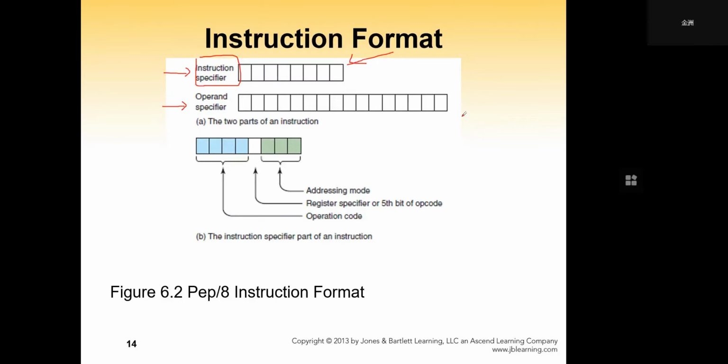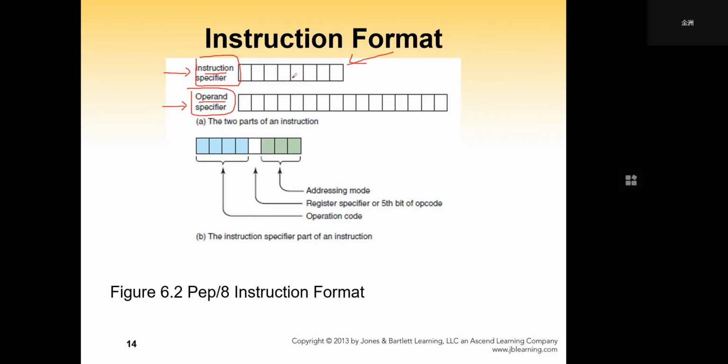And the following 16 bits we call the operand specifier. This represents the operand you are going to process, either the operand directly, or the address of the operand where you can get it. Anyway, it specifies what operand you are going to process.